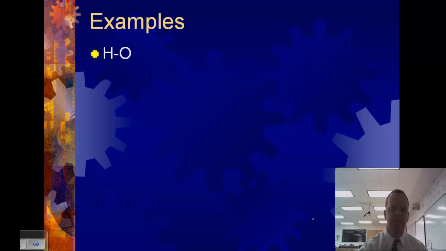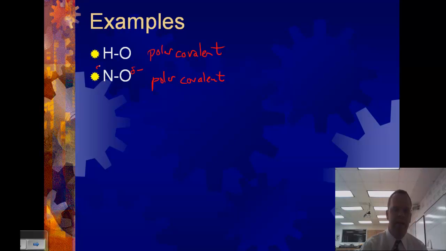So let's look at some examples and go through what type of bond we would have. In this case, hydrogen and oxygen, we would have a polar covalent, two different nonmetals. Nitrogen and oxygen, once again, polar covalent. In this case, nitrogen is less electronegative than oxygen, so if you wanted to, you could draw the negative on the oxygen, positive on nitrogen, positive on hydrogen, negative on oxygen.